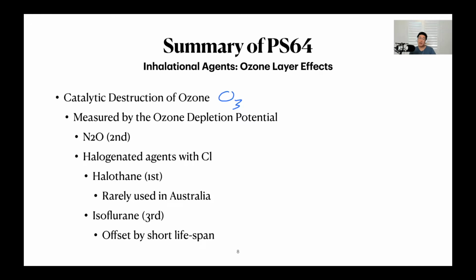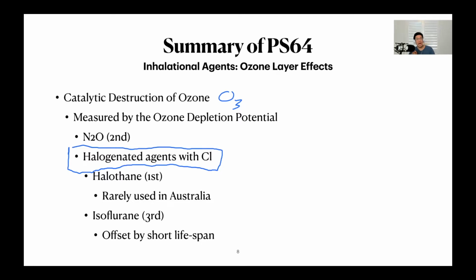And the 3 inhalational agents you need to know about are nitrous, halothane, and isoflurane. So in other words, it includes all halogenated agents with a chlorine in it, because chlorine creates free radical catalysts, and radicals are atoms or molecules with at least 1 unpaired electron.